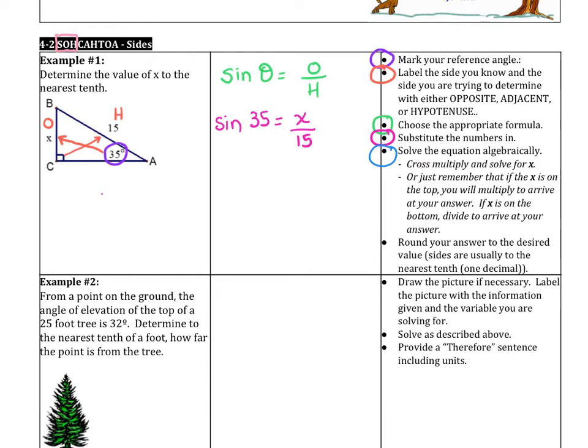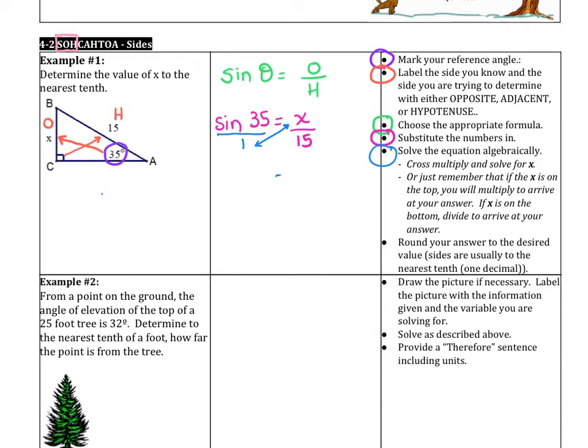When you're solving for a side, what we're going to be doing is cross multiplying. So we're going to put this as over 1 so that we have two fractions. And you're going to cross multiply. So this bottom gets multiplied with this top.